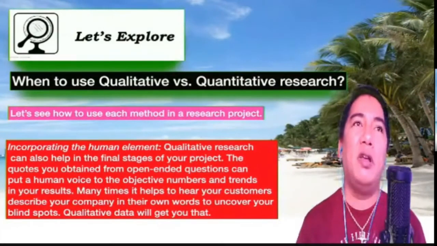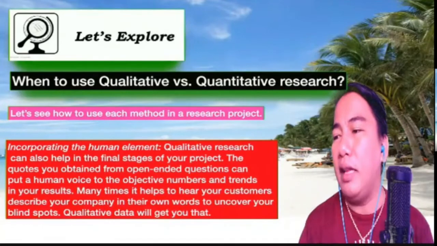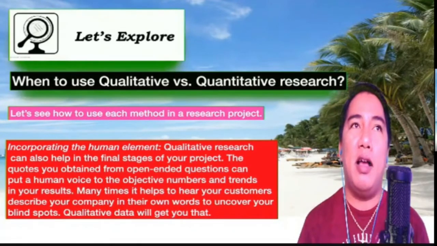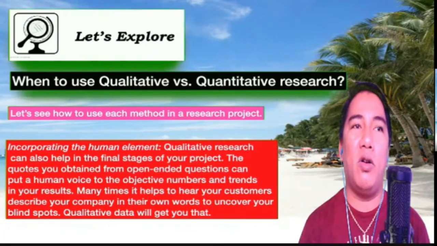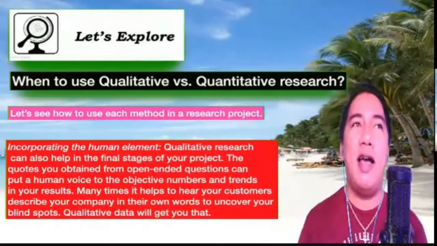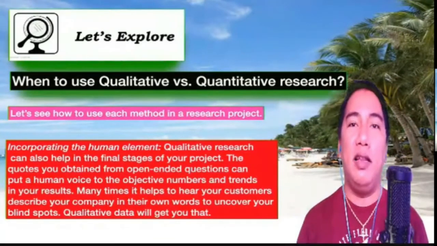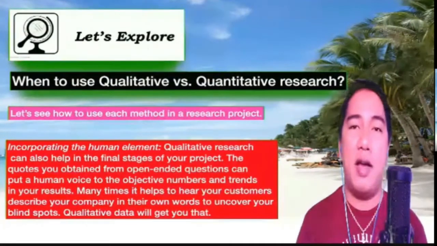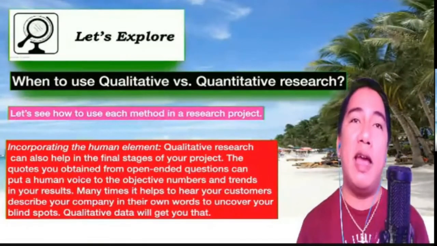Now, in your quantitative research, na-establish mo na yung research mo. Now, gagawa ka ngayon ng quantitative research, how people like your business based on the interview you had before. So, for example, nilagay mo yung environment, example lang.